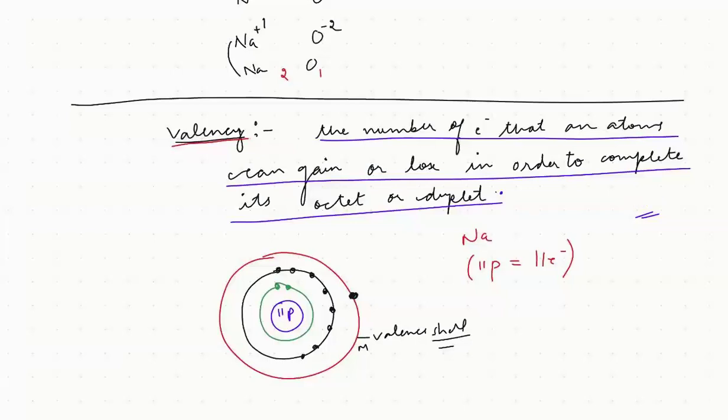But what is happening? We had 2, we had 8, and we had 1. So sodium doesn't want to come off as a poor person. Sodium wants to come off as somebody who is rich.